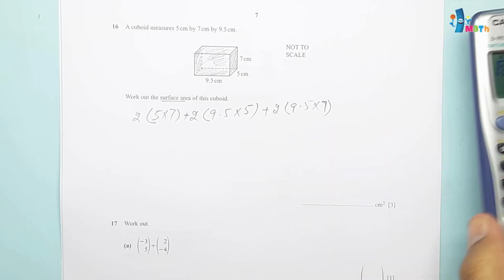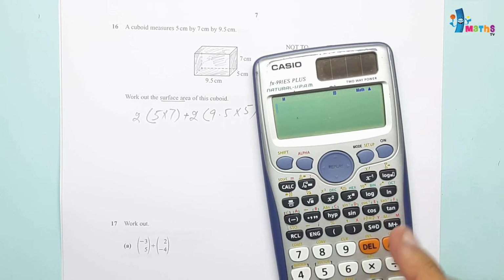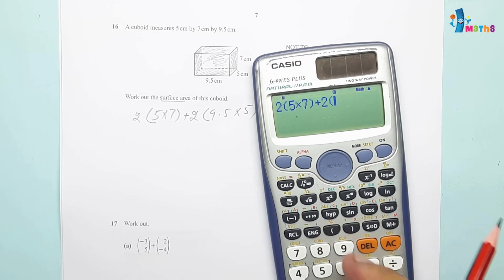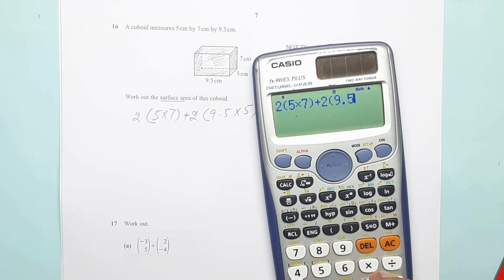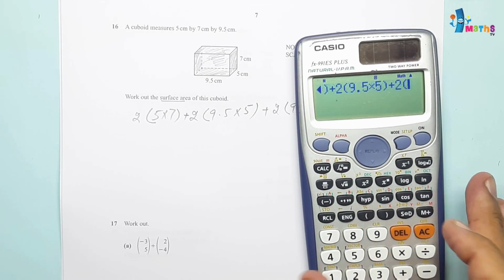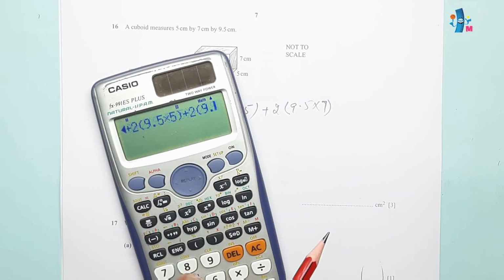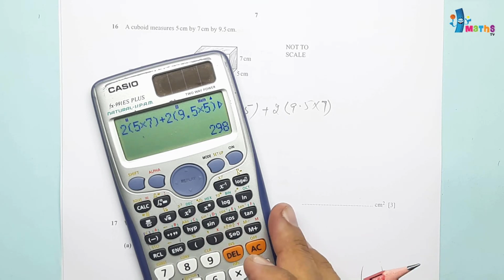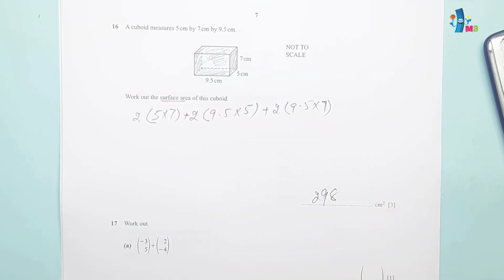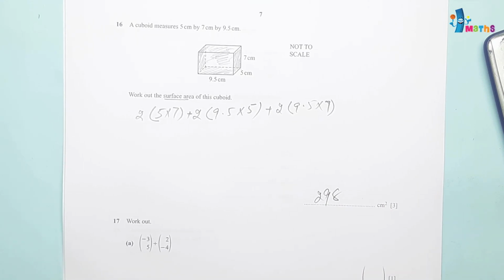So this will be front and back, and now this is the calculation. 5 into 7 plus 2 into 9.5 multiplied by 5, bracket close, plus 2 multiplied by 9.5 into 7, this will be equal to 298. So our answer will be 298 centimeters squared.